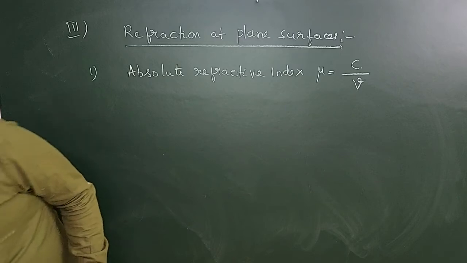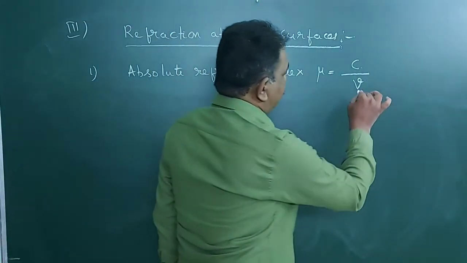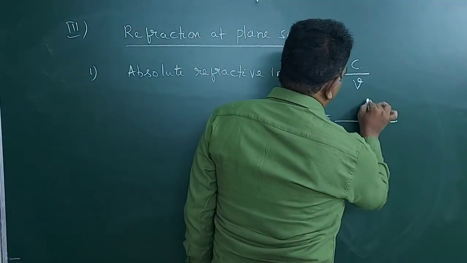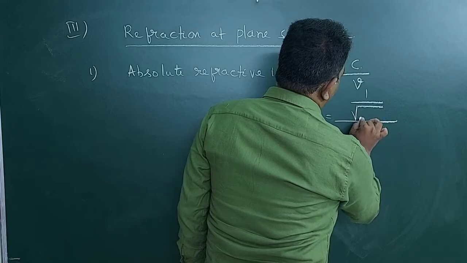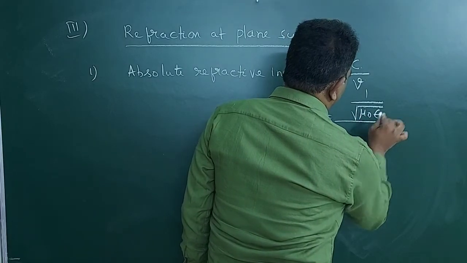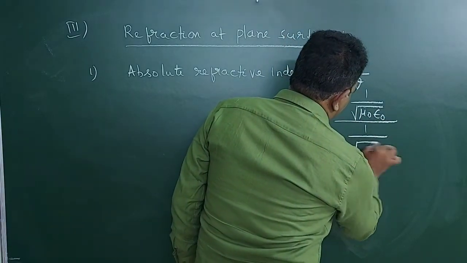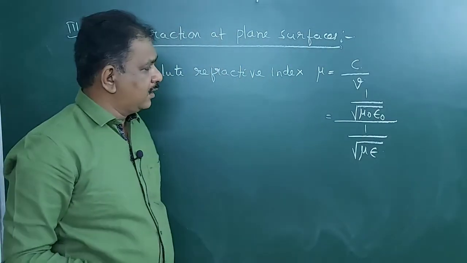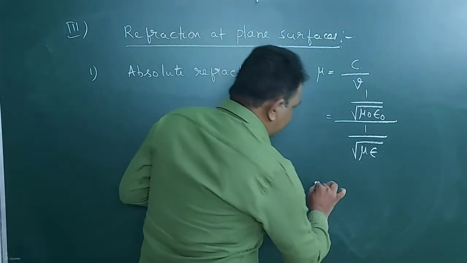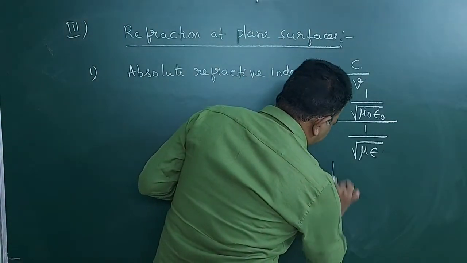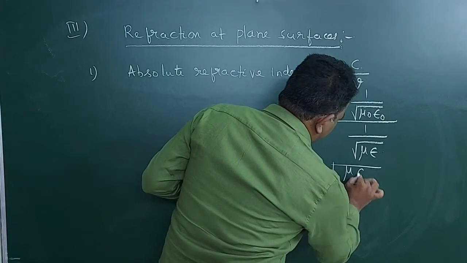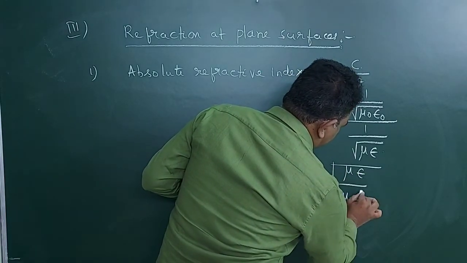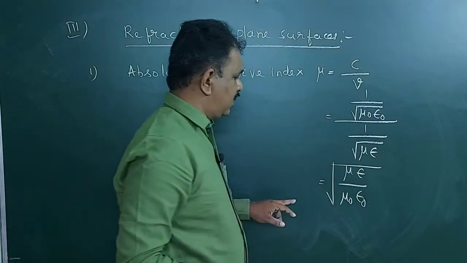Okay. Next, this value will be equal to 1 by root of mu naught epsilon naught. This value is equal to 1 by root of mu epsilon. So finally this value will be equal to square root of mu epsilon by mu naught epsilon naught.